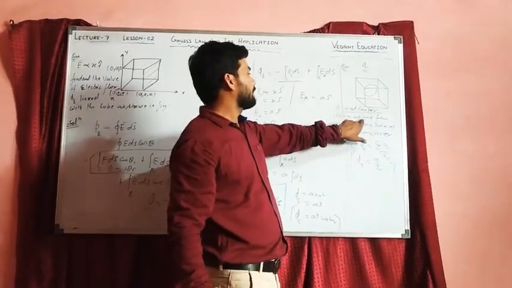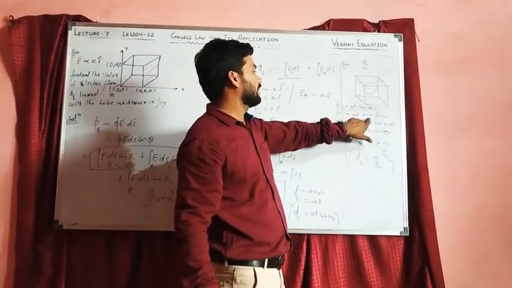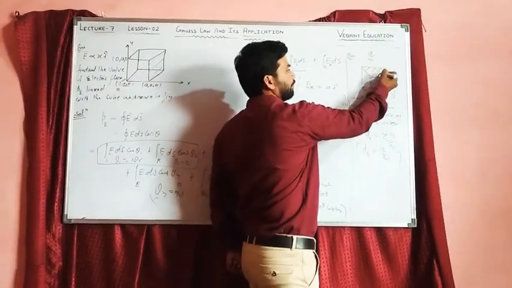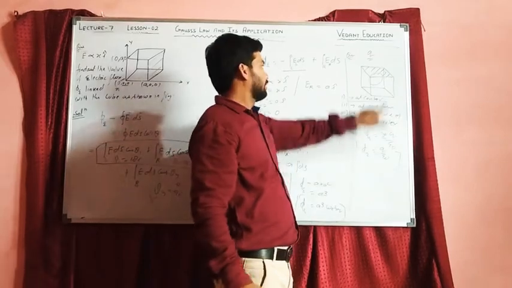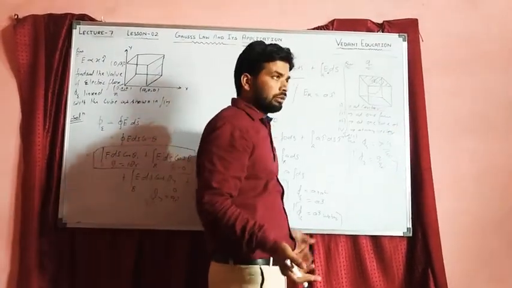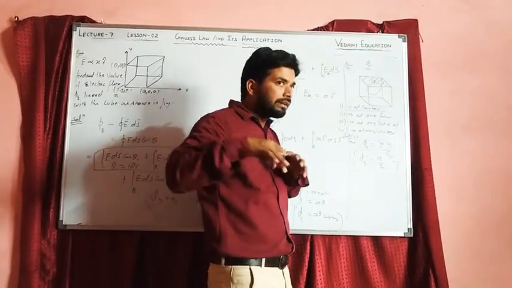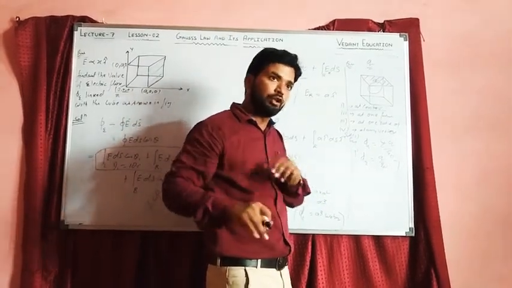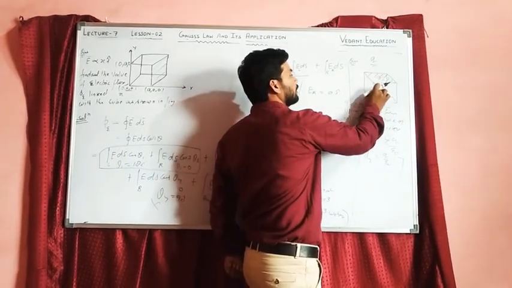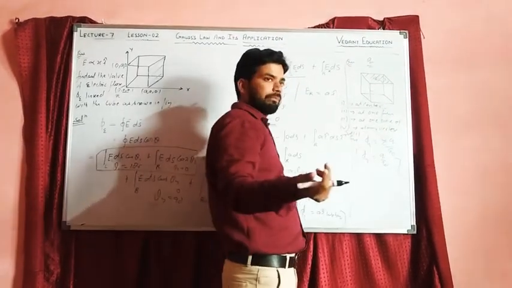Now come to the second case. When the charge is placed at one face, like this one, we want to determine the value of electric flux linked with the cube. So here also we should plot a Gaussian surface of any shape.